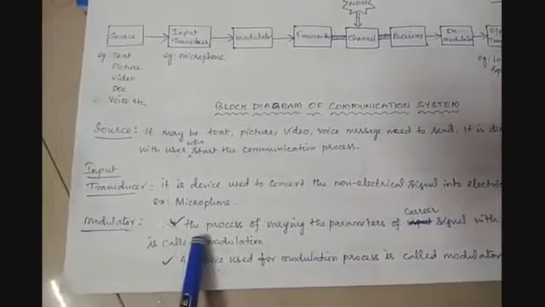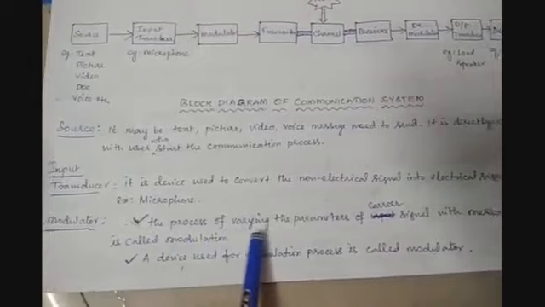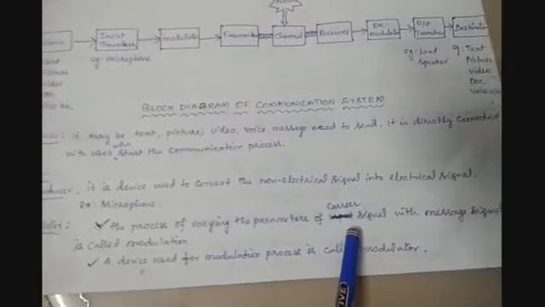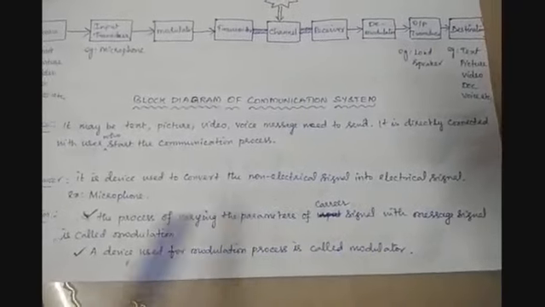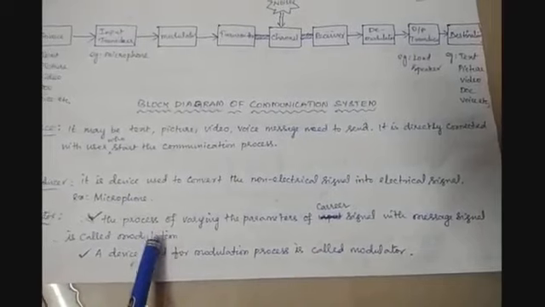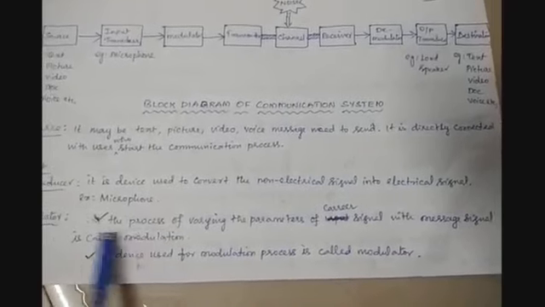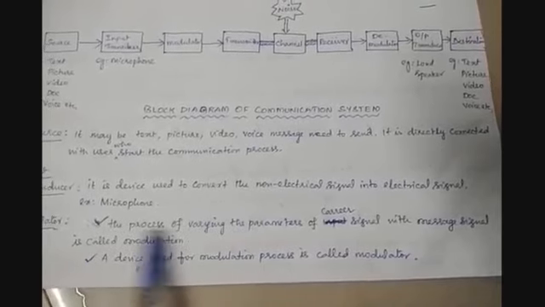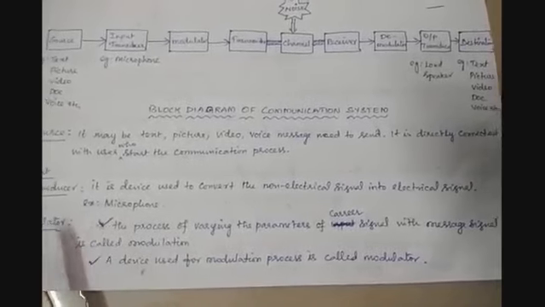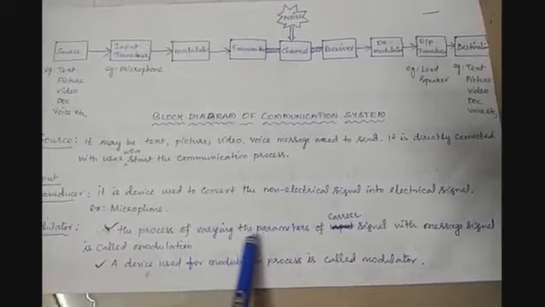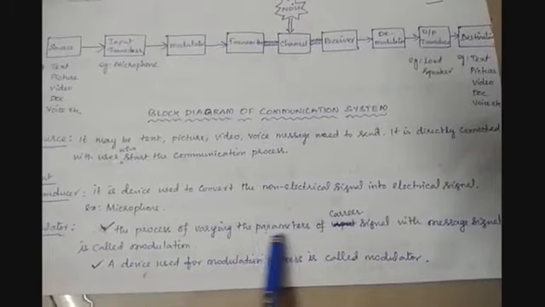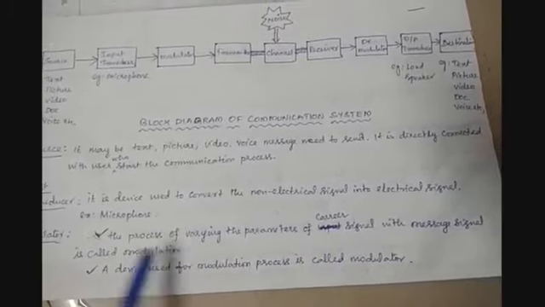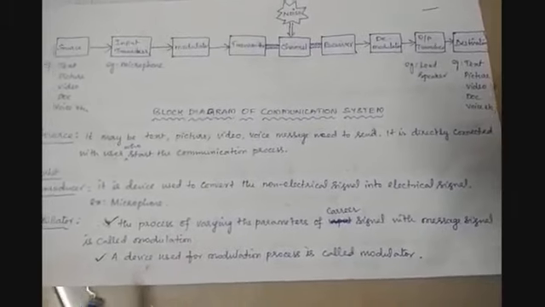Next, modulator. The process of varying the parameters of a carrier signal with the message signal is called modulation. About this modulation we'll discuss later, because modulation is there in our syllabus. We'll discuss it briefly. So observe now the definition of modulation. The process of varying the parameter of a carrier signal with the message signal is called modulation.